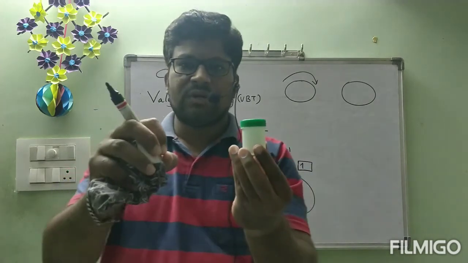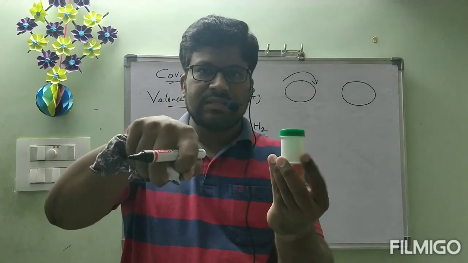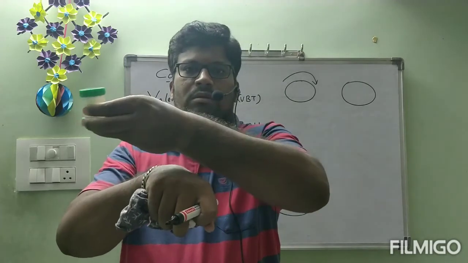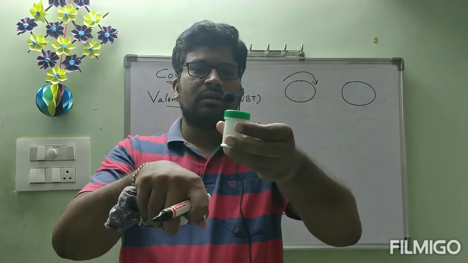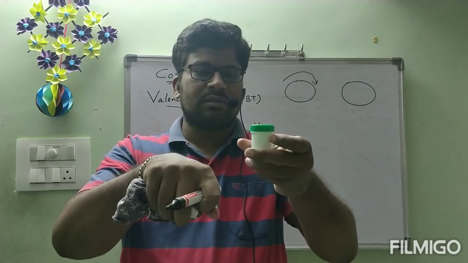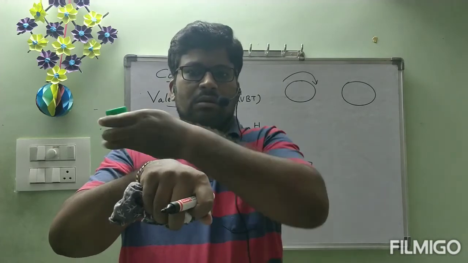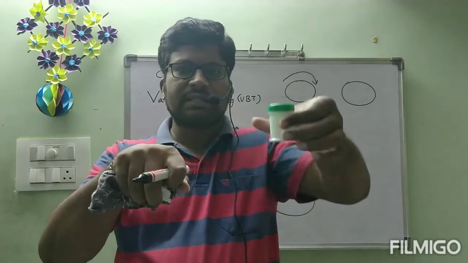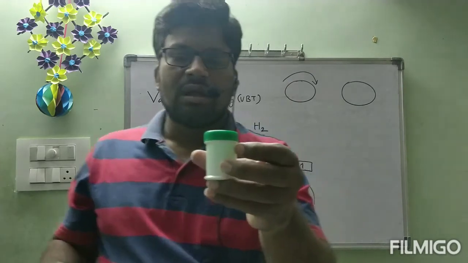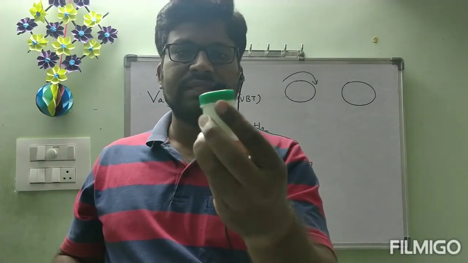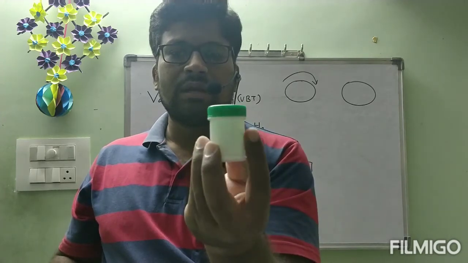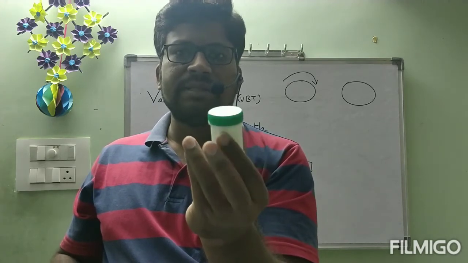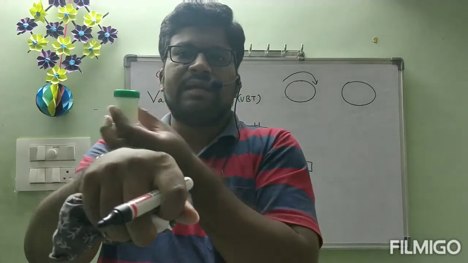If my hand is the nucleus, the electron spins in clockwise direction and maintains the path like this. Next, anti-clockwise. Previously I have shown like this, now it will be like this. This is anti-clockwise direction, and the electron which spins in anti-clockwise direction also maintains the path like this.